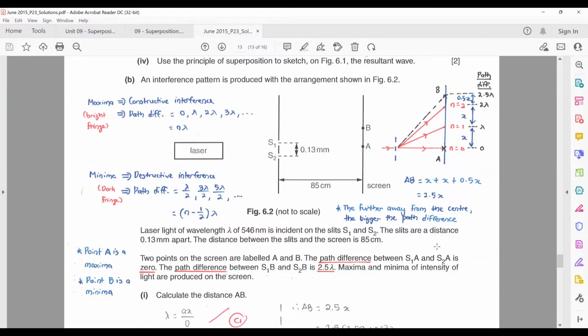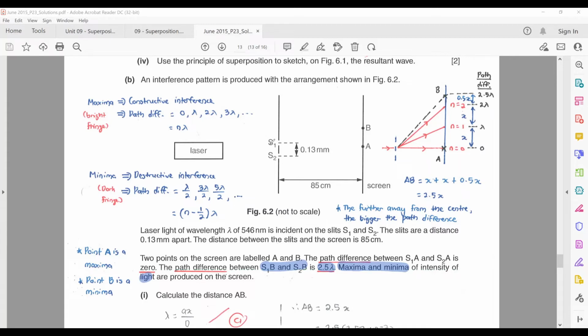Two points on the screen are labeled A and B. The path difference between S1A and S2A is 0. The path difference between S1B and S2B is 2.5 lambda. Maxima and minima of intensity of light are produced on the screen. Okay.